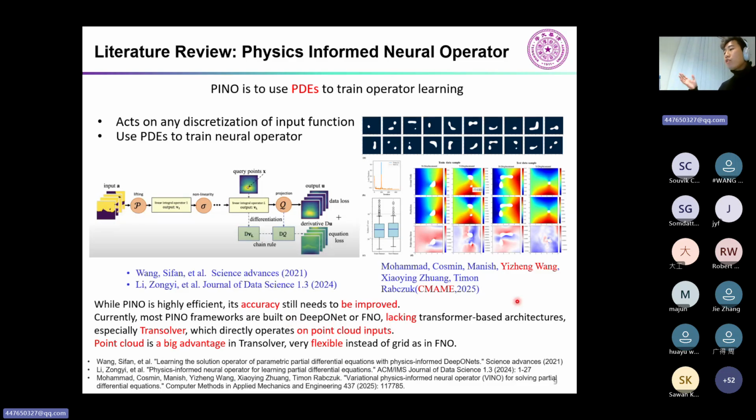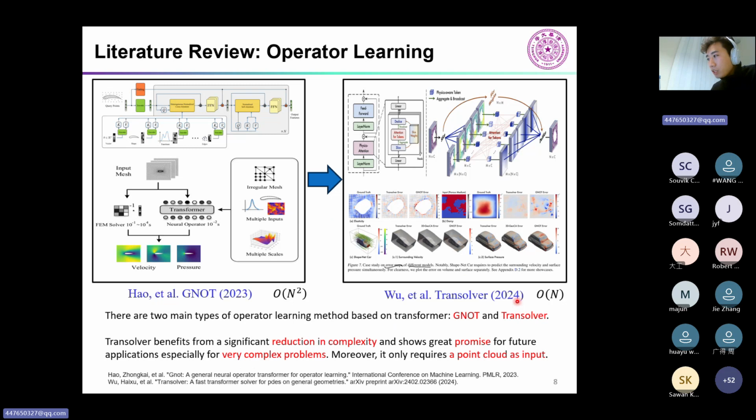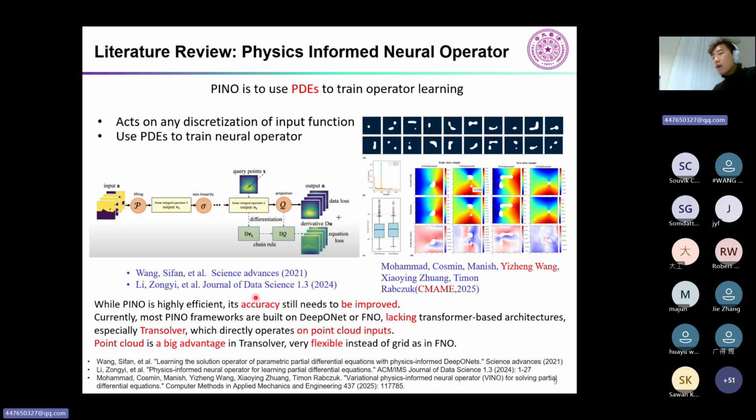They lack transformer-based methods, especially the Transolver, which has a big advantage: its complexity is very small compared to the traditional transformer base. Another advantage is that it can operate on points instead of a grid. The point cloud is a very big advantage because it is very easy and very flexible.